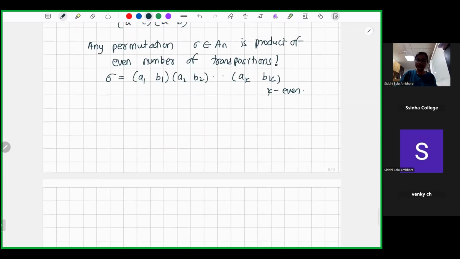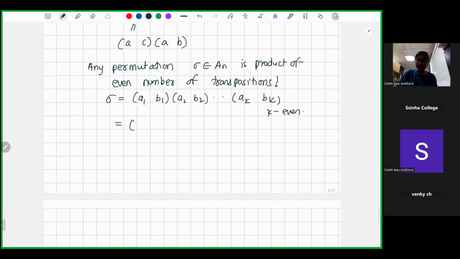Since k is even, I can club them in pairs. I don't care whether they are disjoint or whatever form they could be, whether they are simple transpositions or any transposition. The definition is that they are a product of some even number of transpositions. It could be repetitive, it need not be disjoint. We just have the information that they are a product of an even number of transpositions.